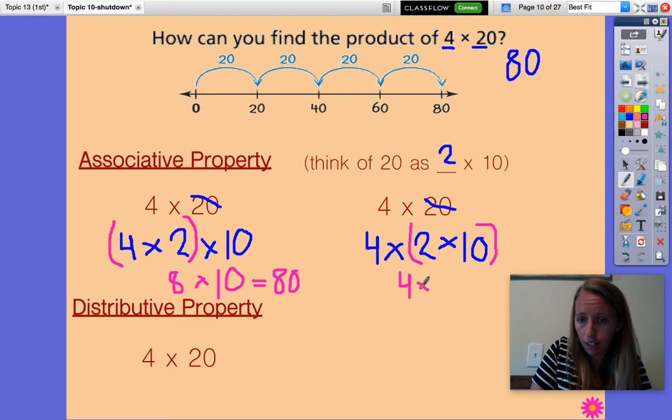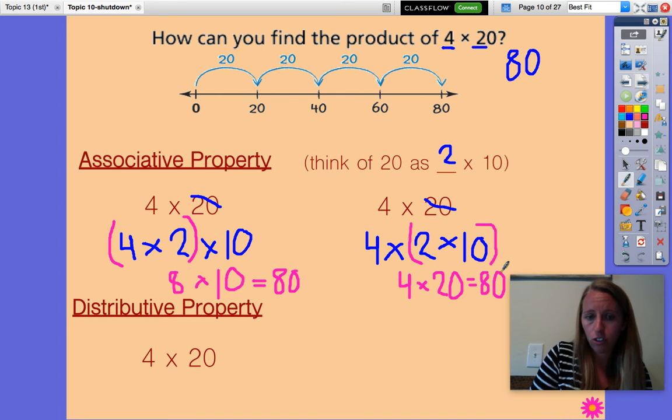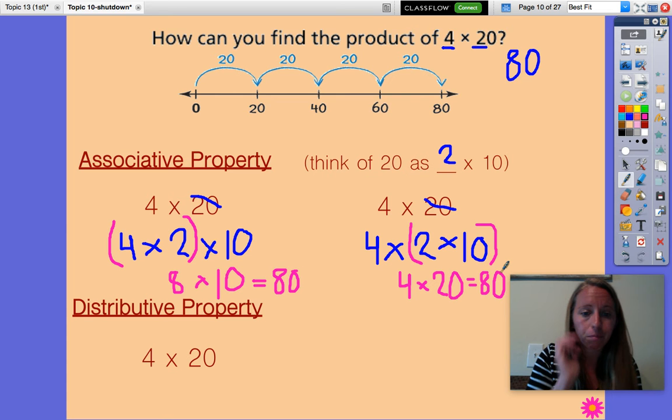Nothing happened to that. But 2 times 10 is 20, which is our original equation. And we know that 4 times 2 equals 8. Bring over the 0, it's 80. So that's using the associative property. You can group them in any way and you'll still get the same product.